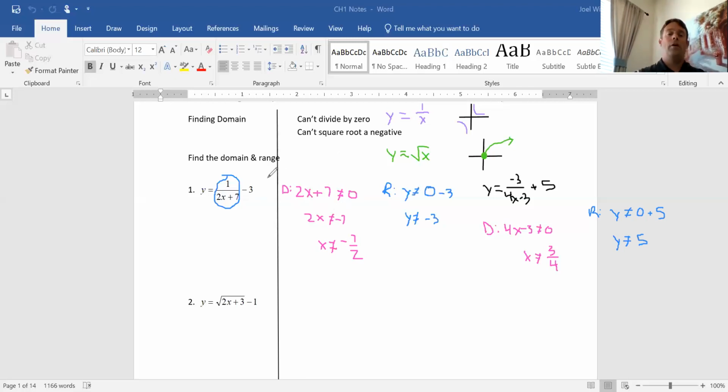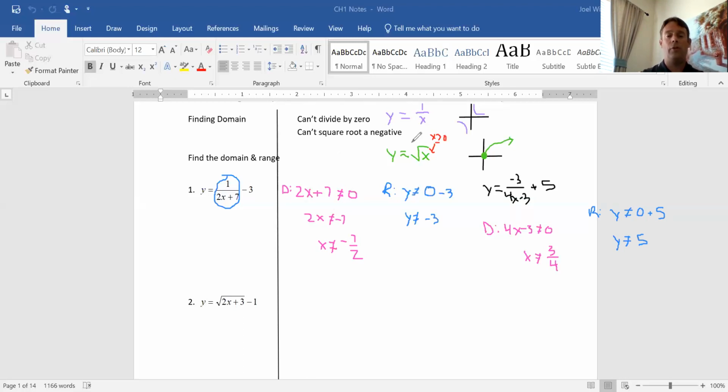All right, how about radical functions? Since we're not dealing with imaginary numbers here, this x value right here can be any number. It just can't be negative. In other words, that number there has to be anything that is greater than or equal to 0.